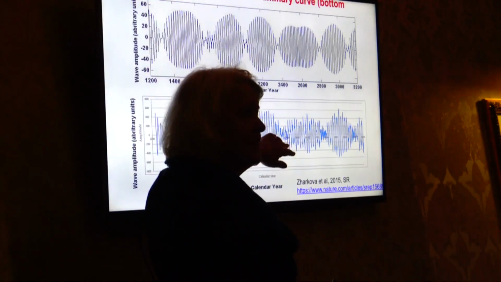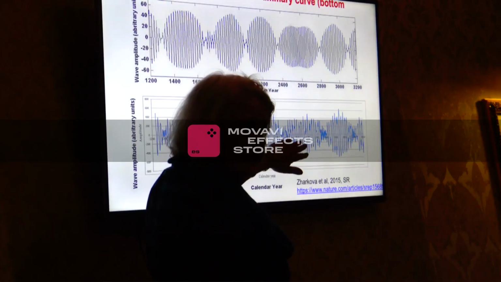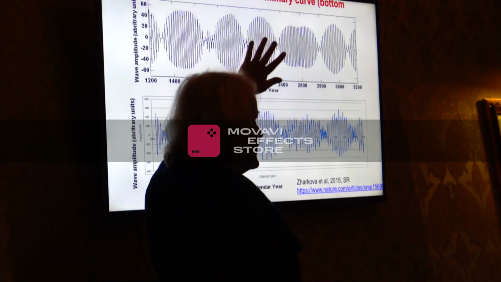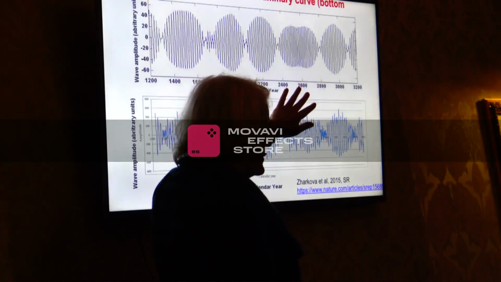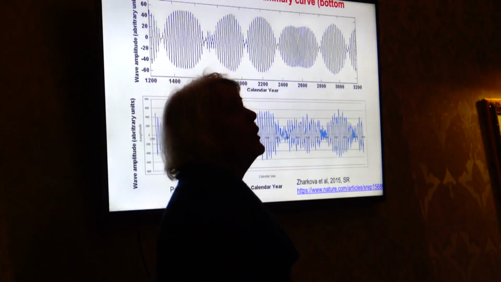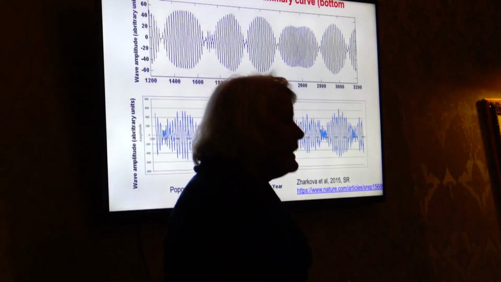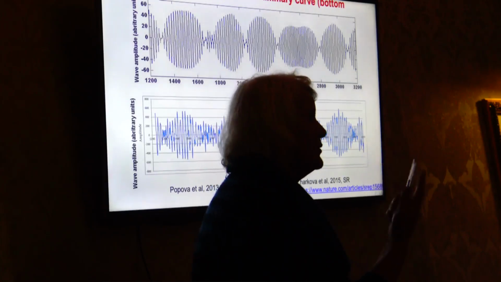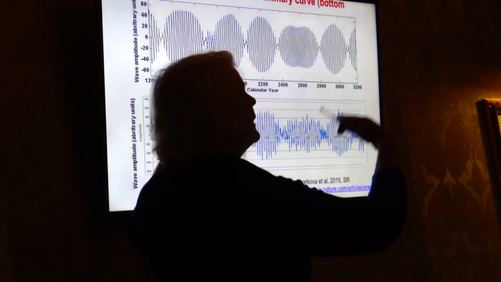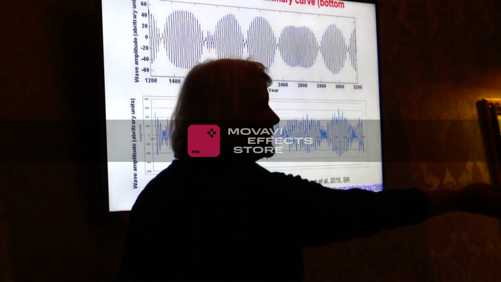You realize no model was involved here. It's completely from the data. And this is the first time we try to interpret observations with a dynamo model for 2,000 years. For the time being, they can only do it for one solar cycle, but the cycle already started. And here we come, doing it for 2,000 years.